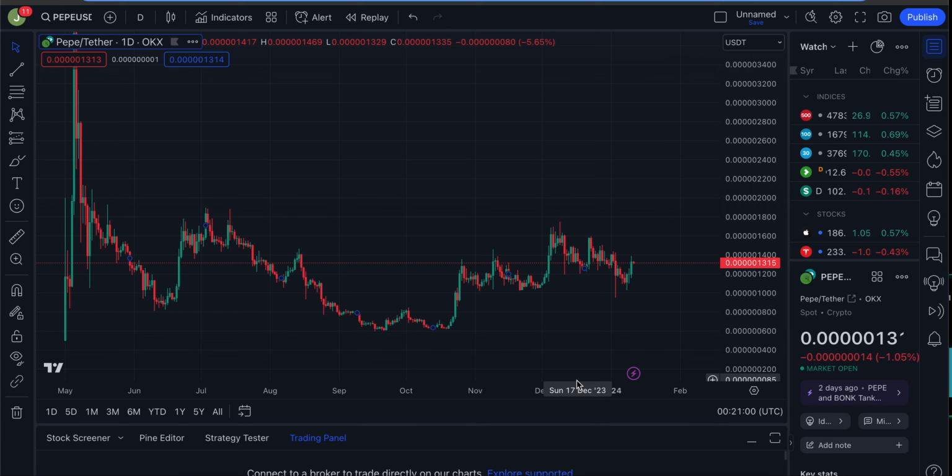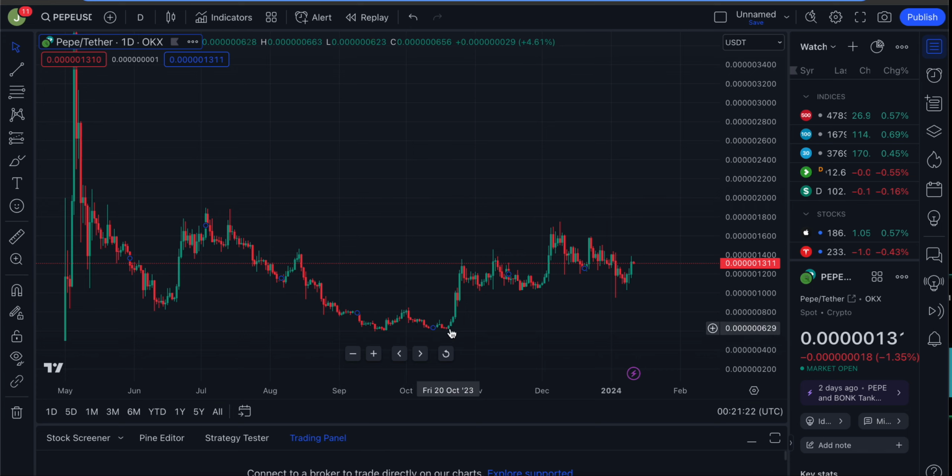And the first thing that you can do with these candlestick charts is use the concept of support and resistance. So essentially, let's look at this section of this chart right here. Pepe was being purchased and sold, purchased and sold.